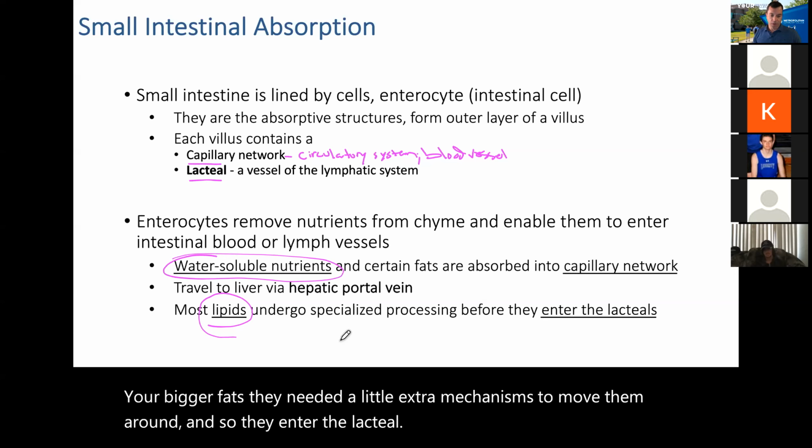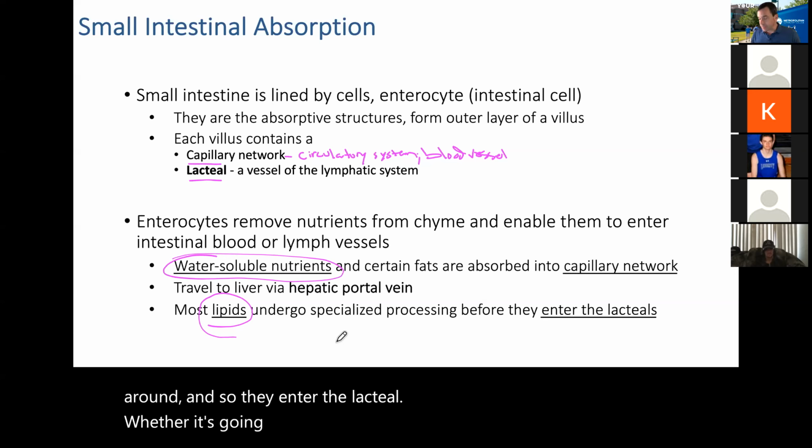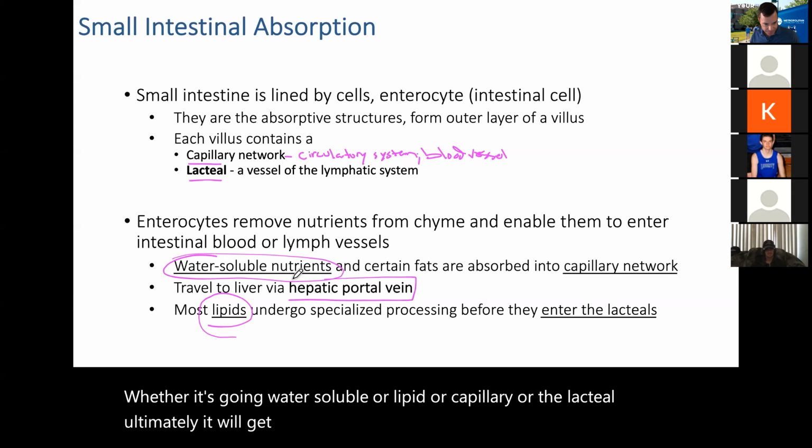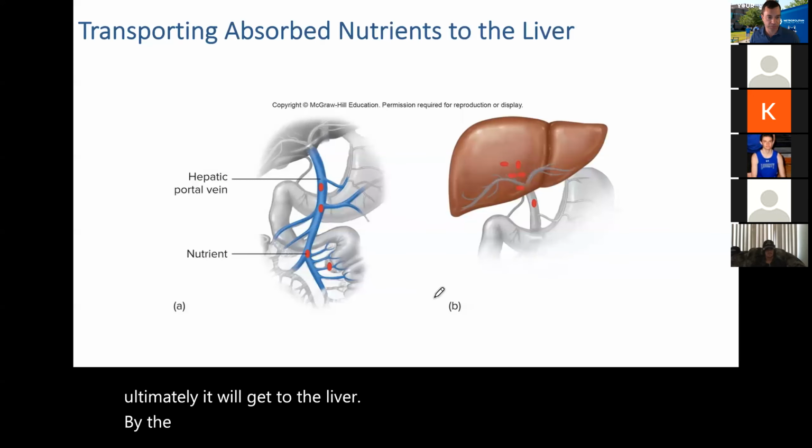Whether it's water-soluble or lipid, capillary or lacteal, ultimately it will get to the liver via the hepatic portal vein. And there it is. This is your hepatic portal vein.